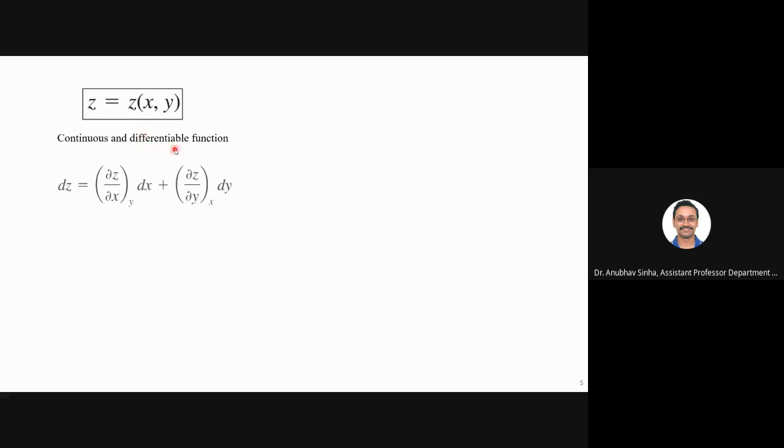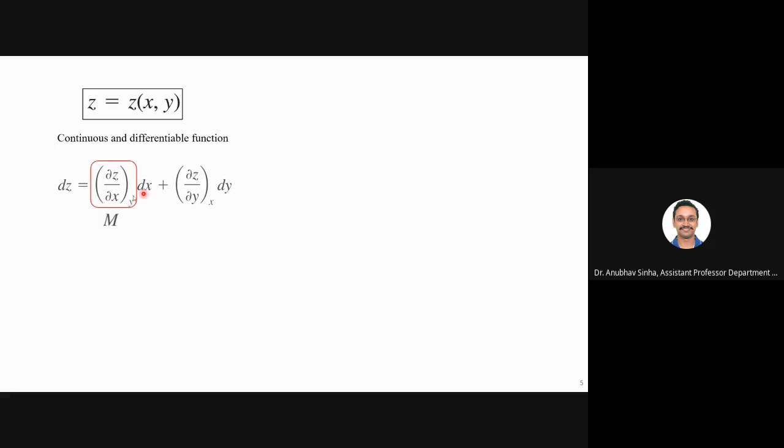So I can write dz as del z by del x with y constant into dx plus del z by del y with x constant into dy. This is partial differentiation with respect to x and y, right?